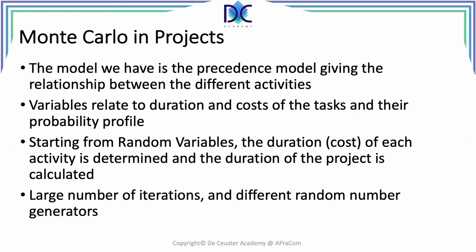Today we can even have it on our PC or on our normal MacBook. Before it was a lot more expensive. Good Monte Carlo distributions and software is still expensive because of all the possibilities that you can do with it, but it can provide a very good result for your project.